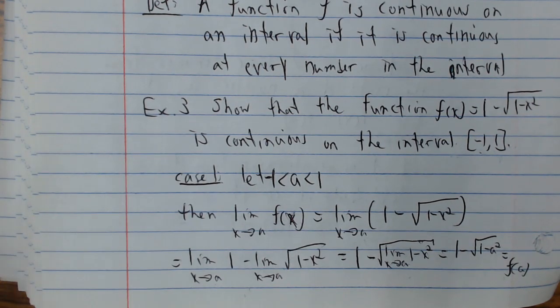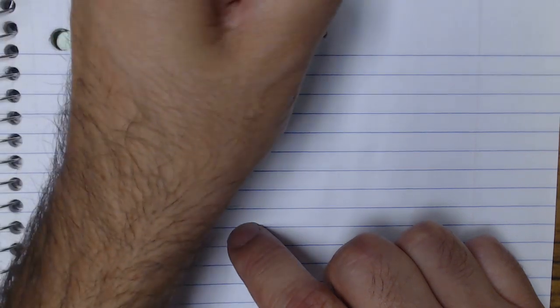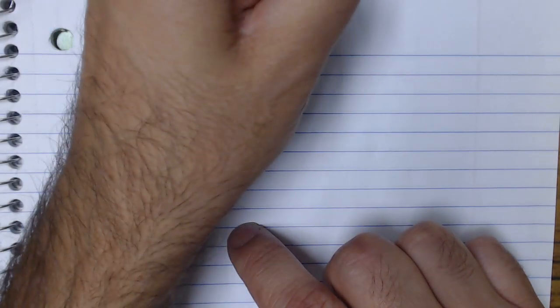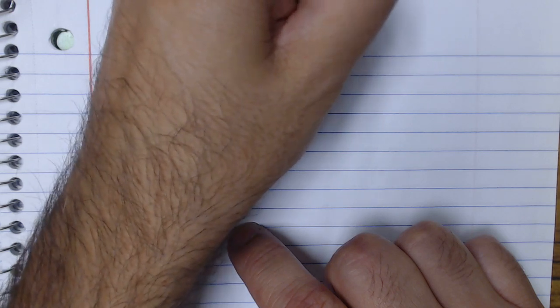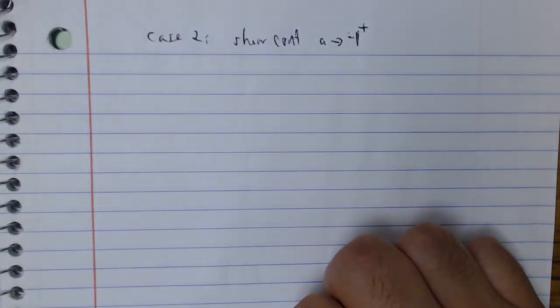Now, the second case would be, and I'll write the cases here, and then you could go ahead and do this, case 2 would be show continuity as a approaches -1 from the right side.